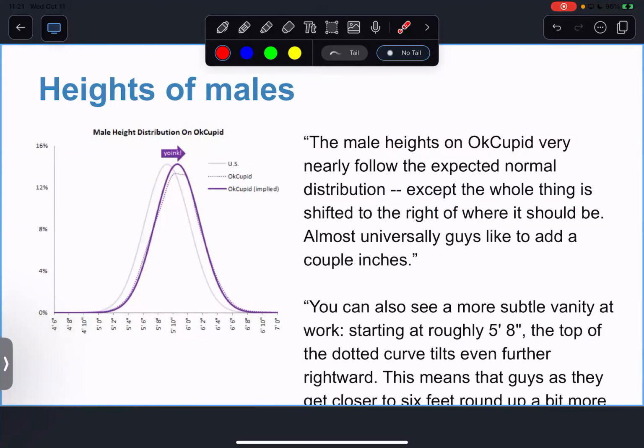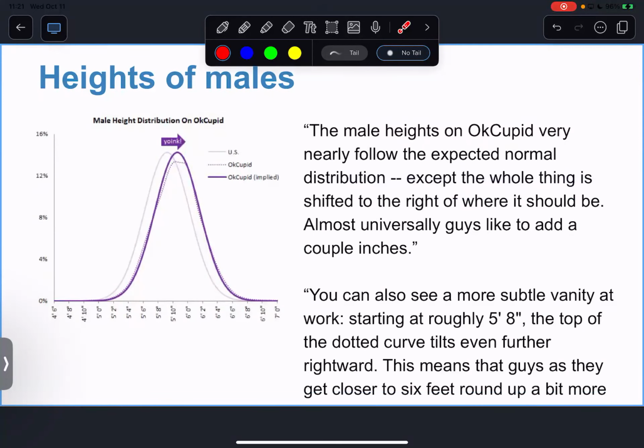Here's just kind of a, I don't know, kind of a fun look at the distributions. And so I guess they've analyzed heights on OkCupid. Is that even around anymore? I don't know. Maybe not. Other things took over.